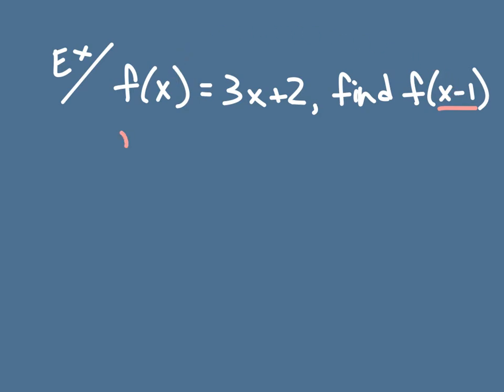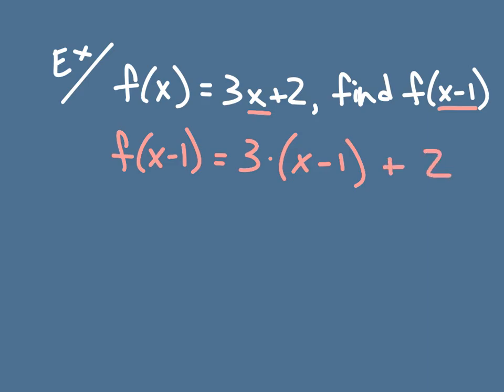Where I had an x value, I'm going to replace it with x minus 1. It's important that we put parentheses around x minus 1. I always use parentheses just to keep things straight, and you'll see in the next video why that's the case.